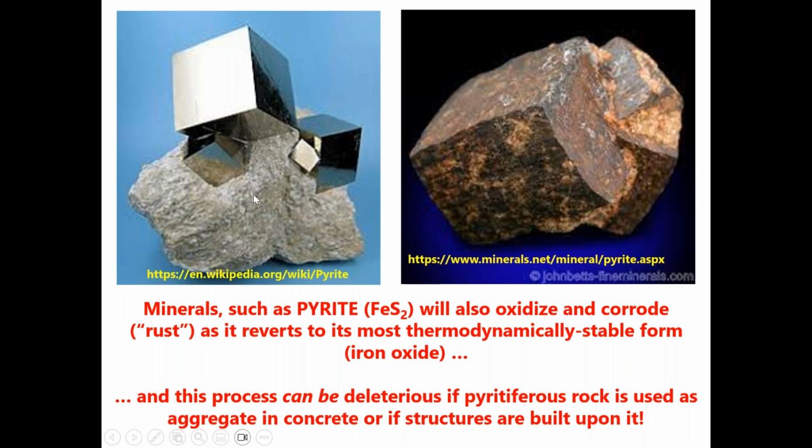But the iron in the pyrite. So pyrite is a combination of iron and sulfur, FeS2, but the iron in the pyrite and the sulfur itself want to revert to something that's more thermodynamically stable than FeS2.